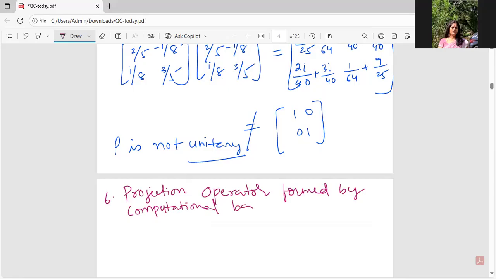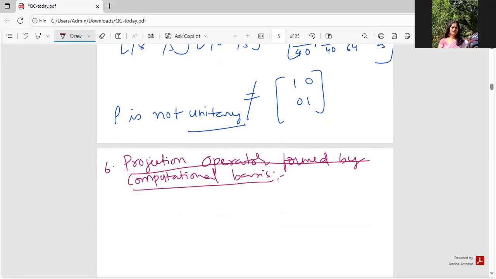The projection operator formed by computational basis. What are your computational basis? Ket 0 and ket 1 are your computational basis.